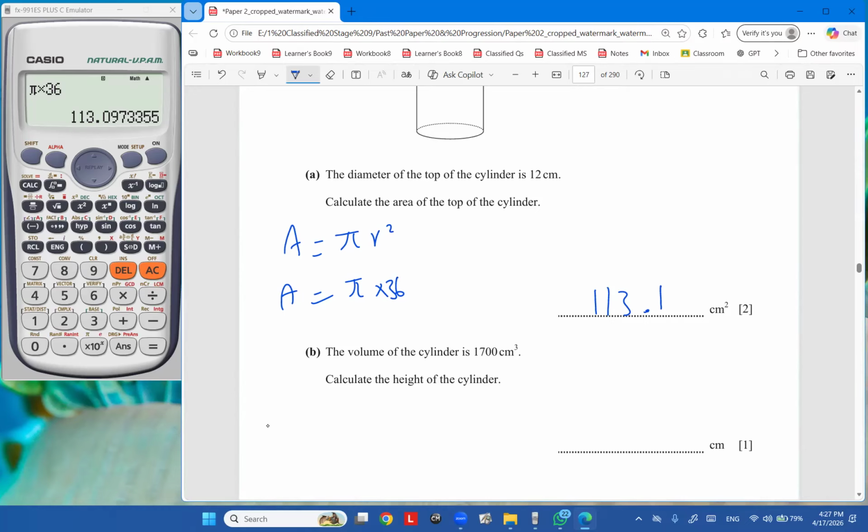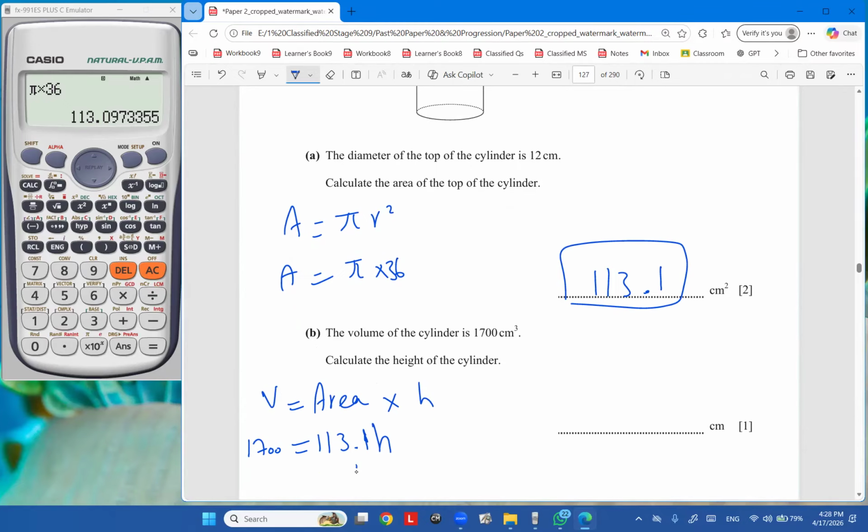The volume of the cylinder is 1,700 centimeters cubed. To calculate the height, I know that volume equals area of cross-section, which we found over here, multiplied by height. So volume is 1,700, we were told about this, equals the area, 113.1, multiplied by the height, which is h. Finding h, how can you find it?